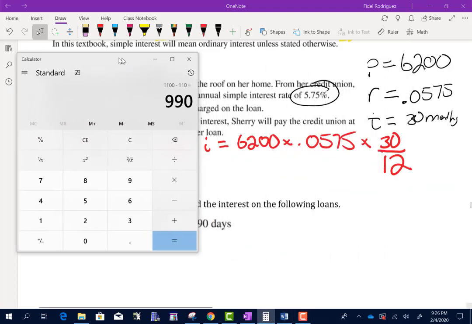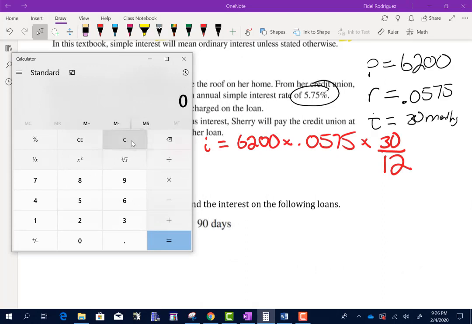Let me move this over. Clear it out. Okay, so I'm going to take 6,200 times 0.0575 times, I want you to notice how I'm doing this, times 30 equals, now I need to divide that by 12. Okay. So what I'm coming up with is $891.